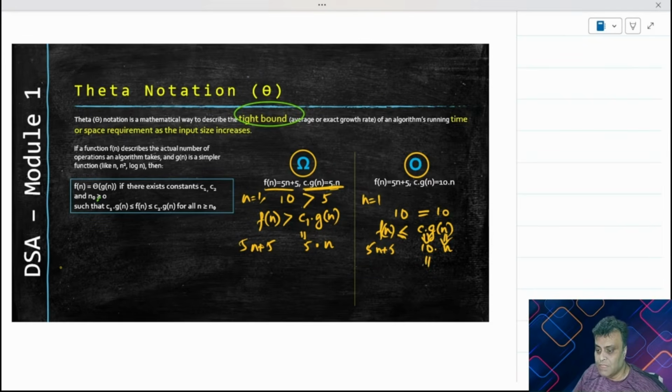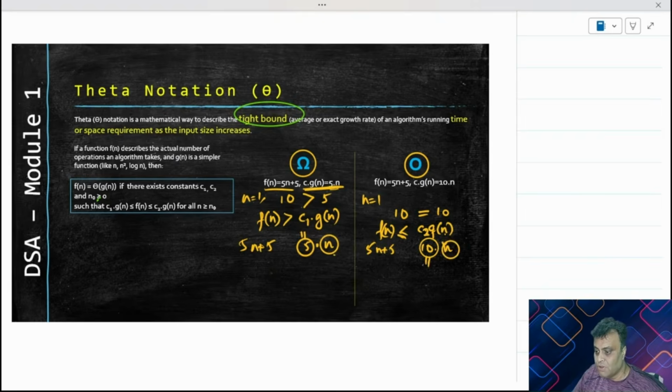So can we combine both and, in fact, let us call this C2 Gn, right? So C2 is equal to 10, C1 is equal to 5, Gn is equal to n.